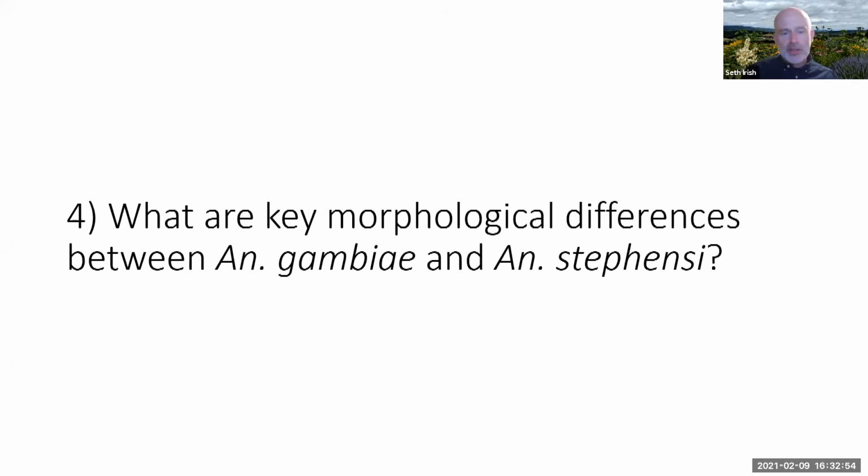And last question, more complicated. What are the key morphological differences between Anopheles gambiae and Anopheles stephensi? This is a good question for the taxonomists who are in the audience.